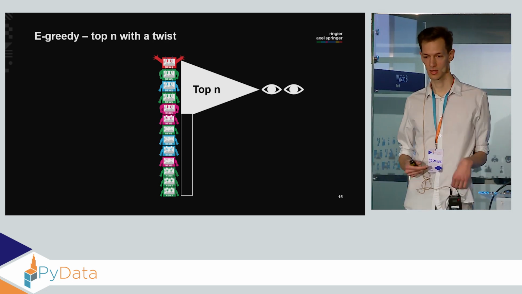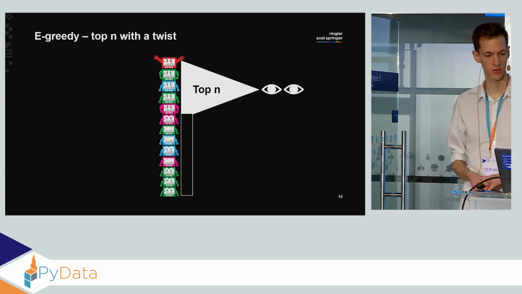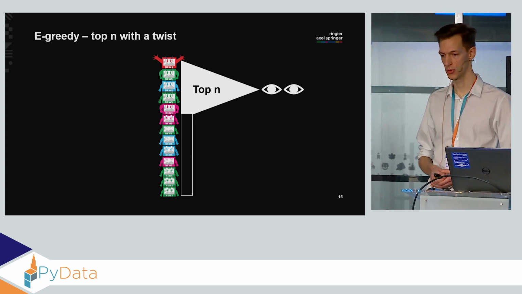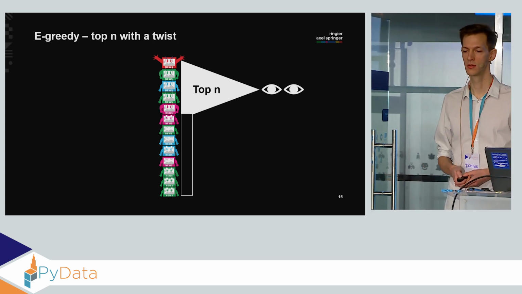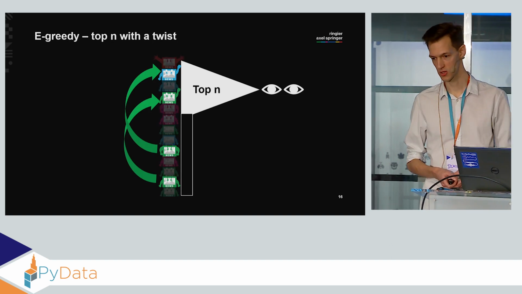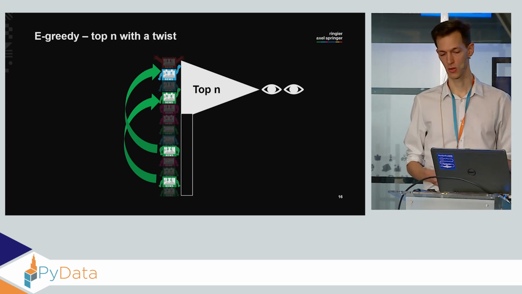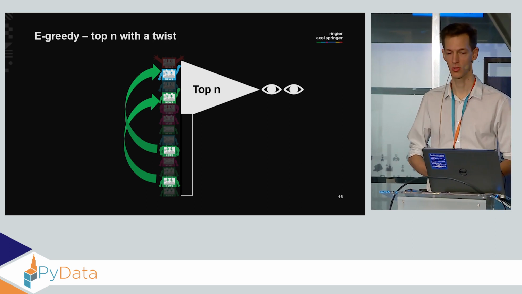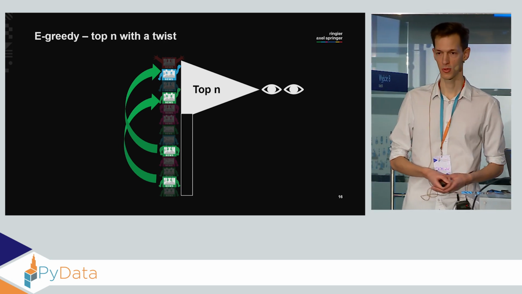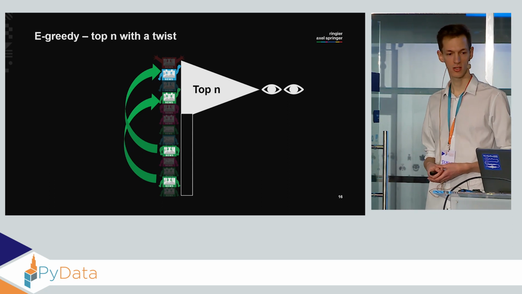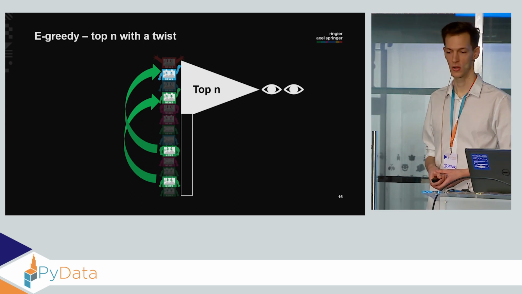To understand it, we can go back to our example with the top n approach, a greedy approach, but then add a little tweak to it, which is that for some of the articles at the top, we swap them with a random selection from the entire list. Specifically, we might choose some article which is at the bottom or a completely new one. As you can see, this will answer our problem of exploring new articles when they appear, as well as countering the tyranny of the majority.